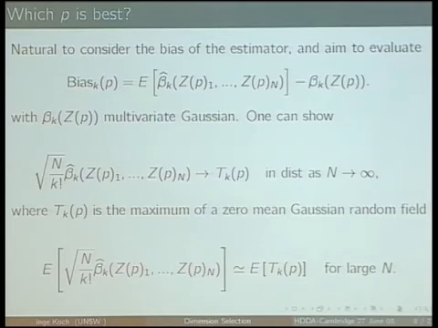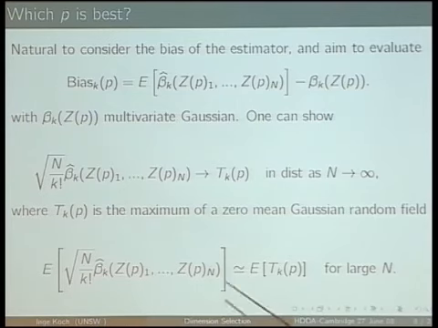And the beta, in our case, as one always does, goes back to Gaussian. The beta therefore comes from a multivariate Gaussian. Now, we can show that when we standardize our sample kurtosis correctly with n and the k is 4 for the kurtosis, as n becomes large, this quantity here, the adjusted sample kurtosis, converges to the maximum of a zero mean Gaussian random field.